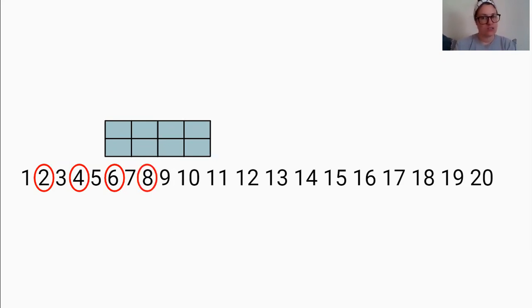Which one do you think is going to come next? That's right, 10. Now we're looking at 10. We have 1, 2, 3, 4, 5, 6, 7, 8, 9, 10 square tiles. We have 2 rows. Here's a row, and here's a row. How many square tiles are in each row? Show me on your fingers.